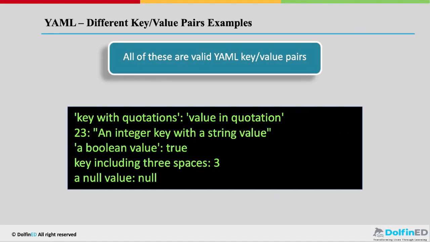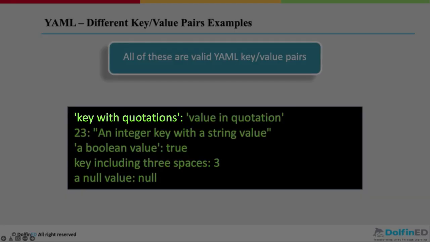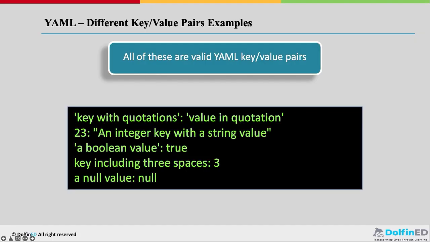And if we look at these examples, all of these are valid YAML key value pairs. So the key could be a string surrounded by quotes, and the value for that could also be a string surrounded by quotes. It could be single quotes or double quotes. But the space, the colon, and the space to the right are mandatory in any one of these examples.